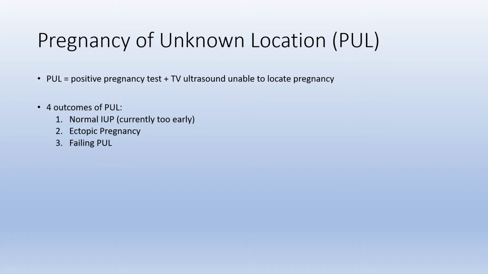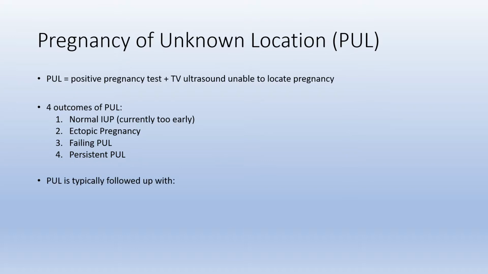And unfortunately, we probably won't be able to determine either intrauterine or ectopic pregnancy based on our assessment at this point. And the fourth entity, which we don't deal with commonly in primary care or the emergency department, is persistent pregnancy of unknown location, which we'll talk a little bit less about, but it can be spoken about at a later date.